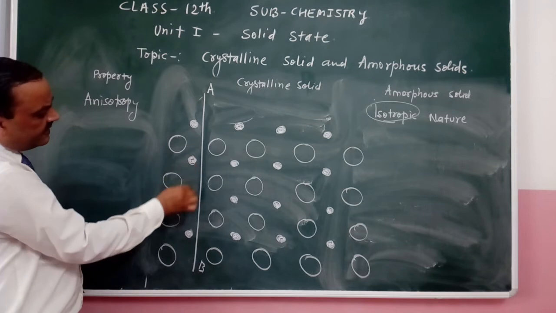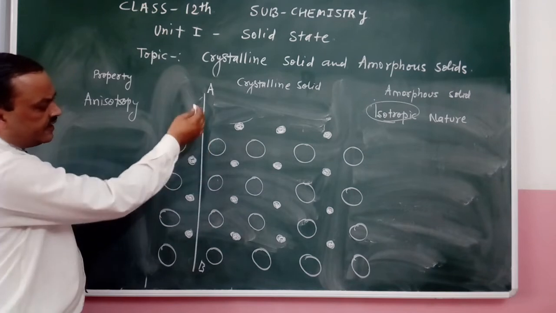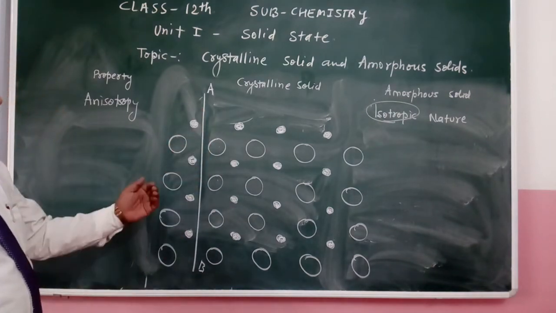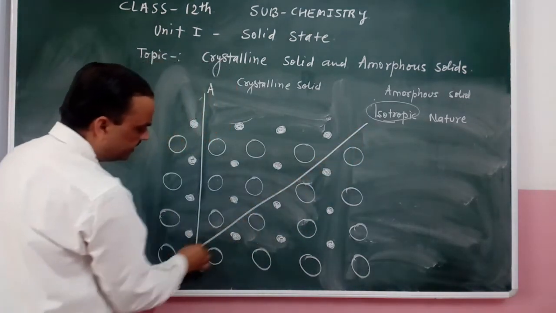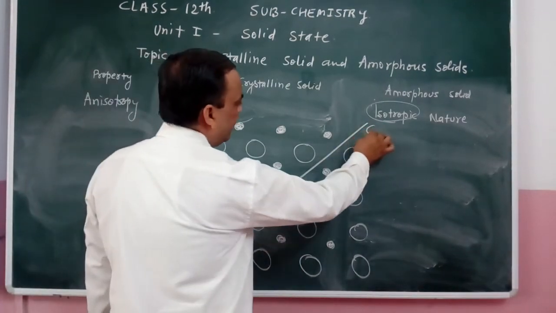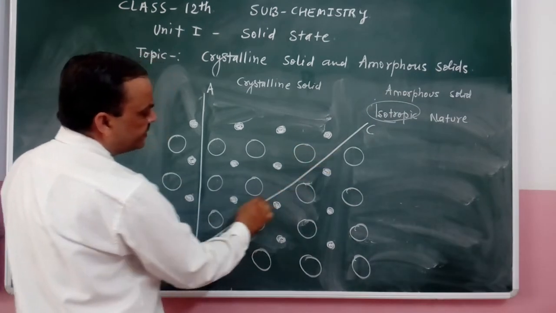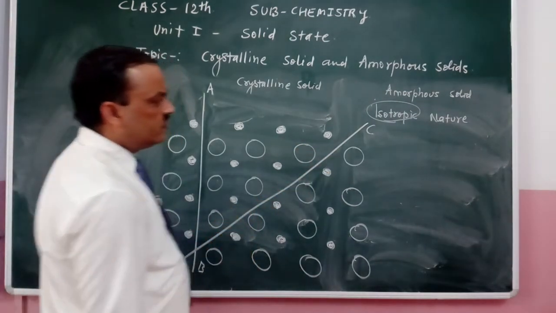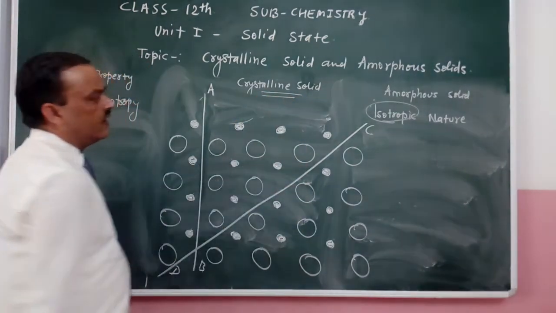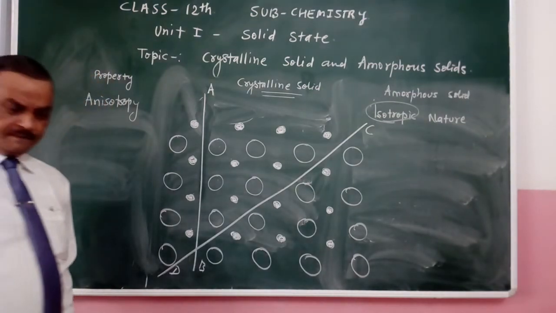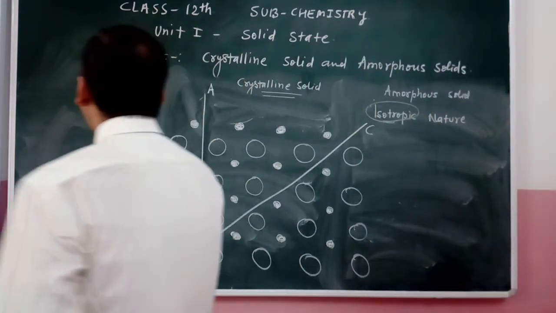These small particles are arranged in a row, and these big particles are arranged in a row. But if I cut along the CD section, we have a different arrangement of particles. So what is the condition in case of crystalline solids? When we study different parts of the crystal, we get different properties.